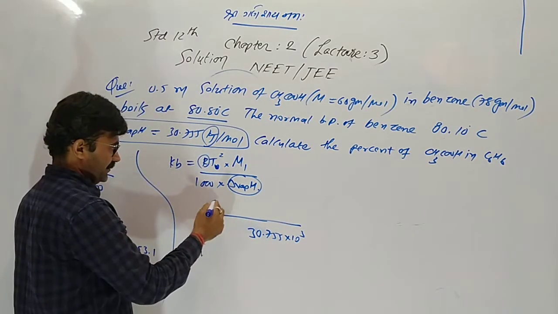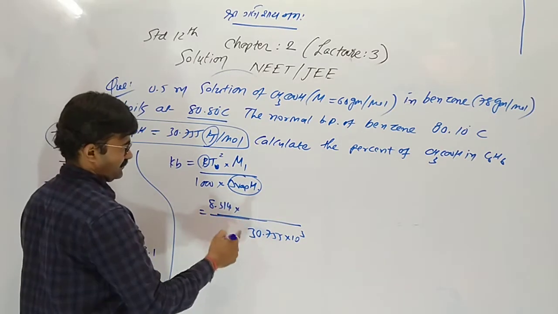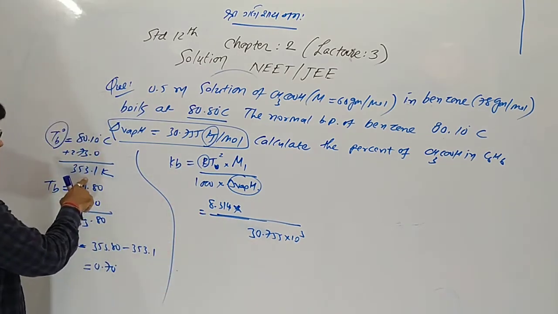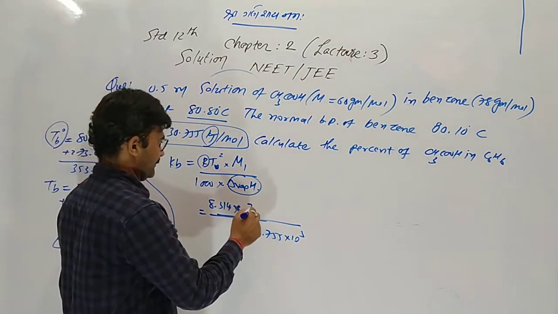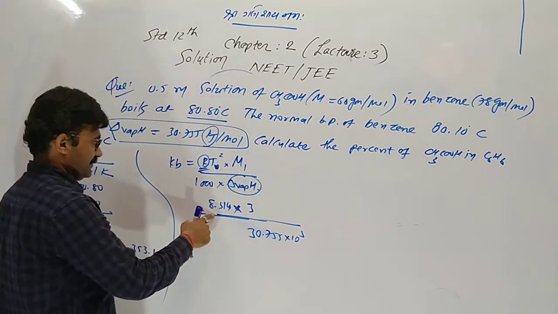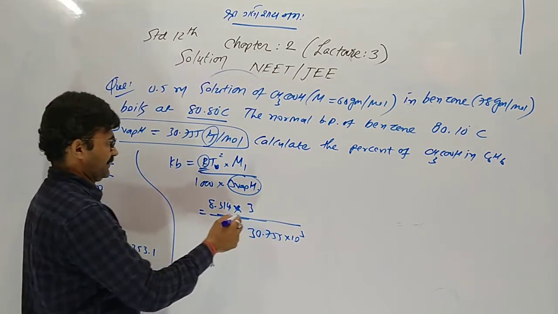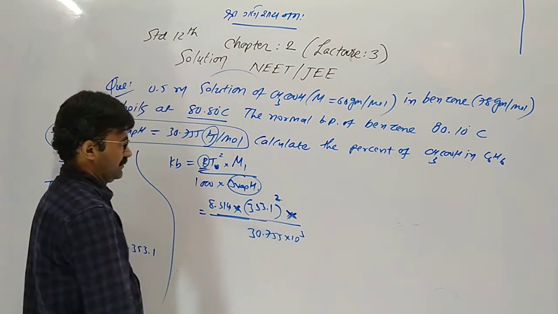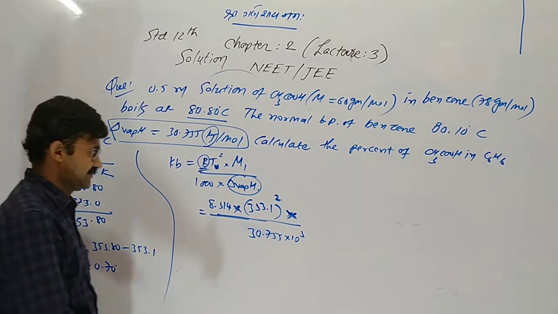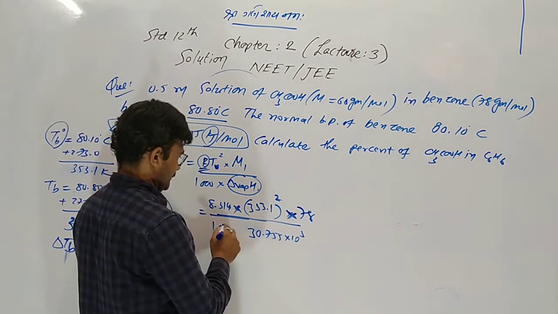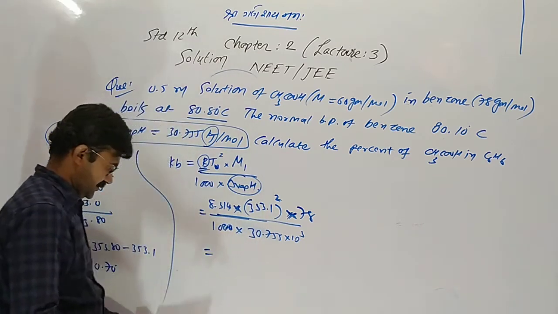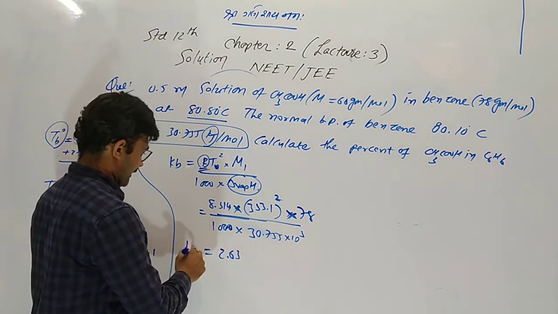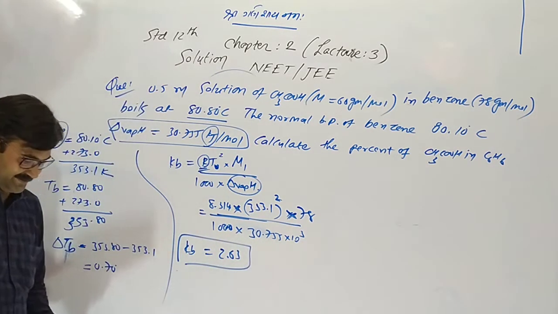R is the value in joule. T0 square, 353.1 squared, must be in Kelvin, because the value of R requires temperature in Kelvin. Molecular mass of the solvent benzene 78, and 1000. So Kb will be 2.63. The derived value of Kb is 2.63.